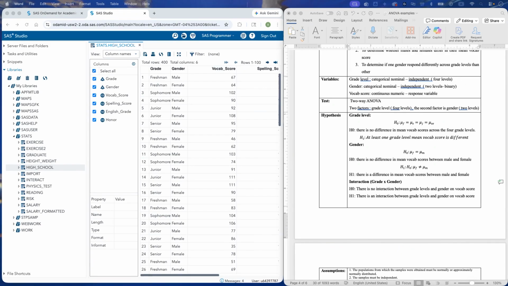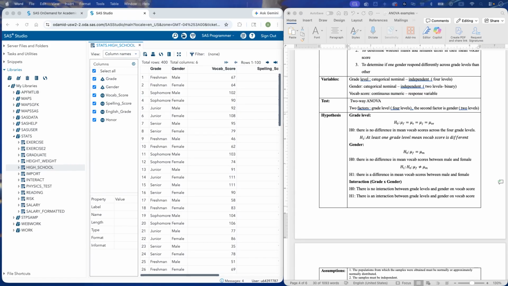Or you can flip it. You can say, does the difference in mean vocab scores between males and females depend on which grade level you are in? The null hypothesis says we don't have any interaction between grade levels and gender on the vocab score.